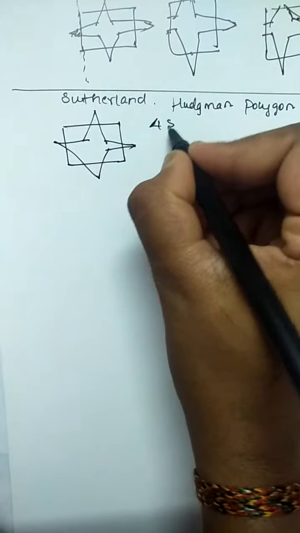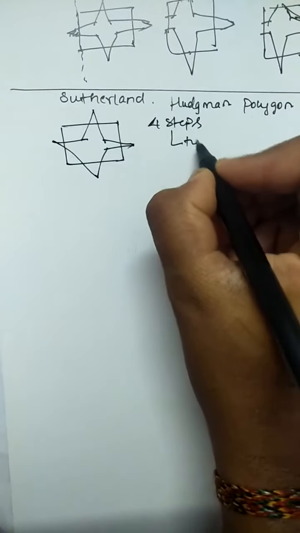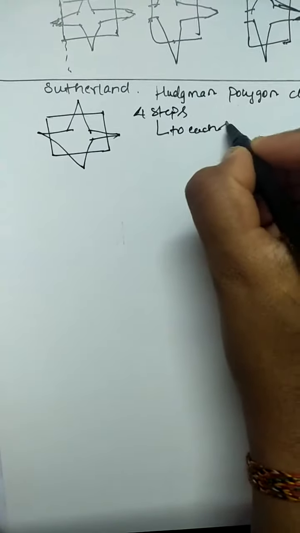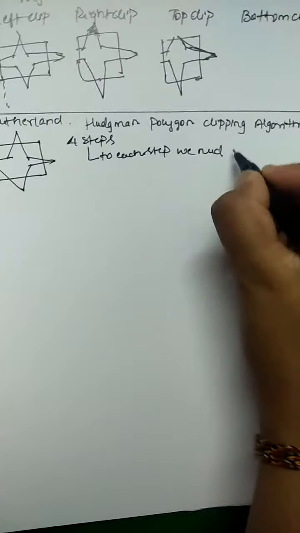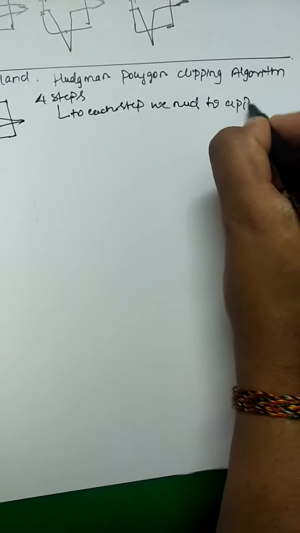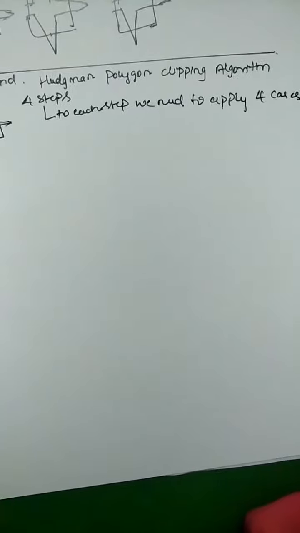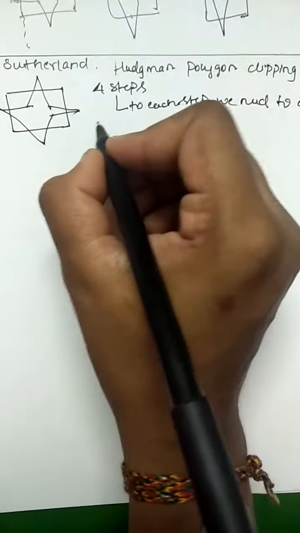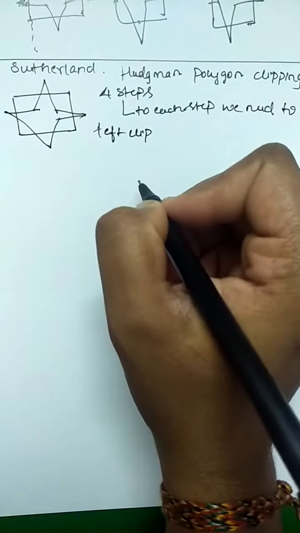So there are 4 steps, and in each step we need to apply 4 cases. The 4 steps are left clip, right clip, top clip and bottom clip.